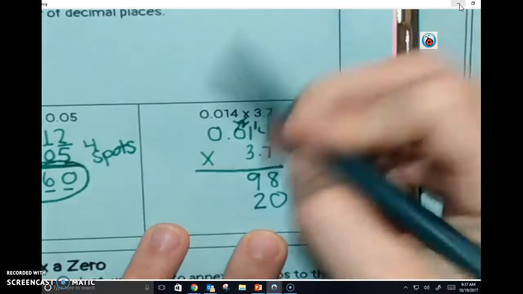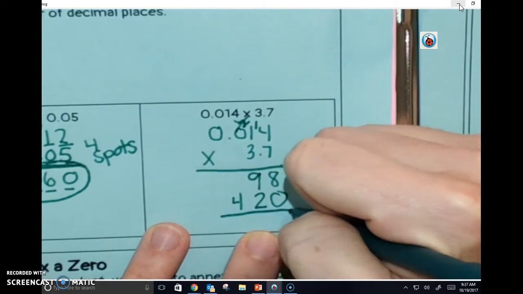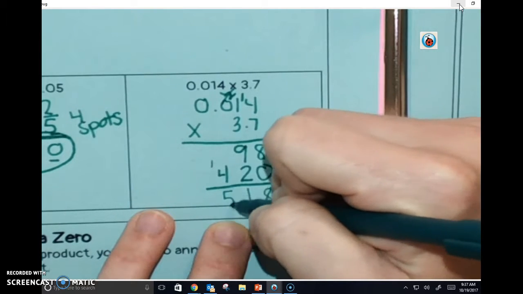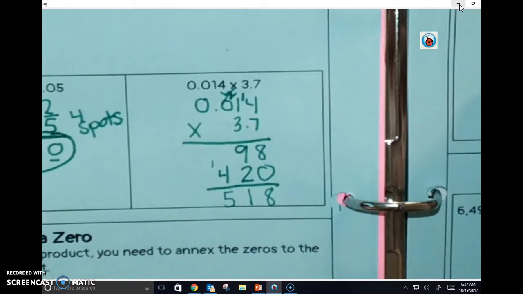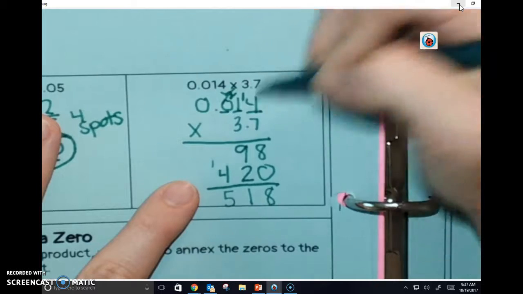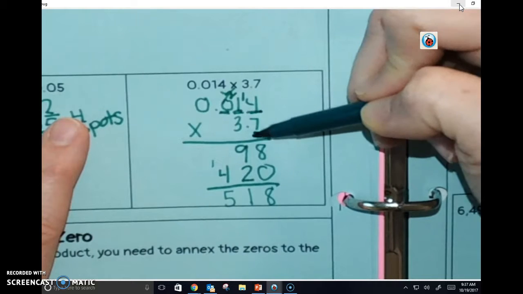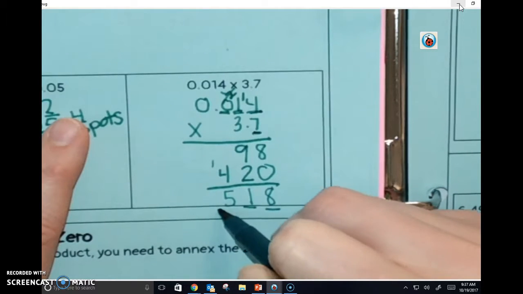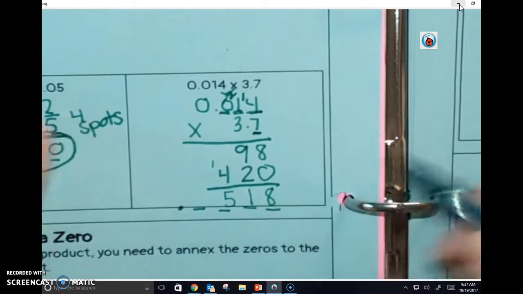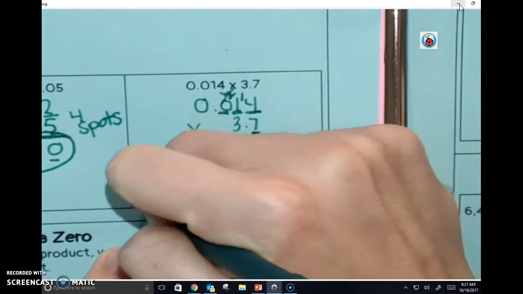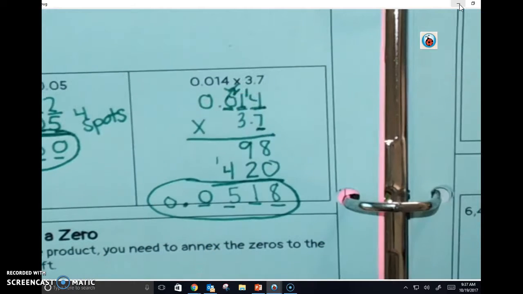Then 3 plus 1 is? 4. And so I get an 8, an 11, and a 5. Now if we look up here, Lucas, how many places do we need? 3. Well, we have 1, 2, 3 here, and then we still have 1 more, right? So 4. 1, 2, 3, 4. What needs to go there, Brennan? A 0. Just like that. Yes, okay.